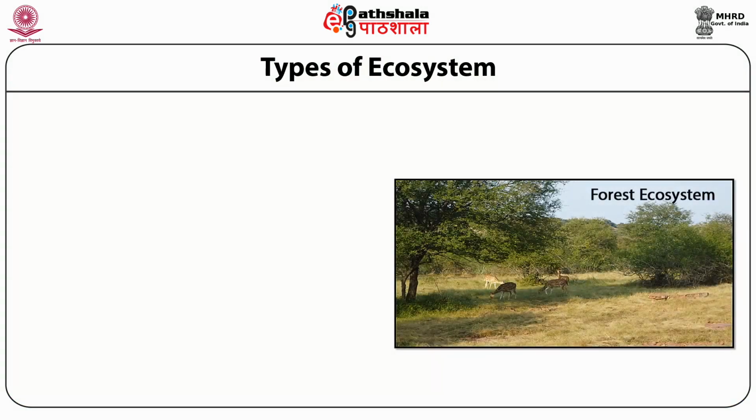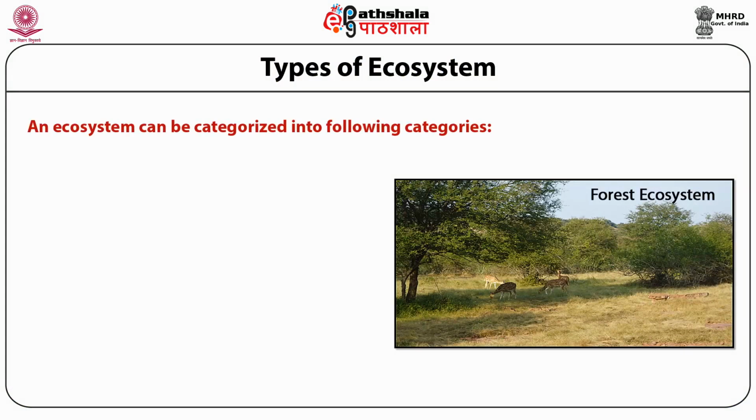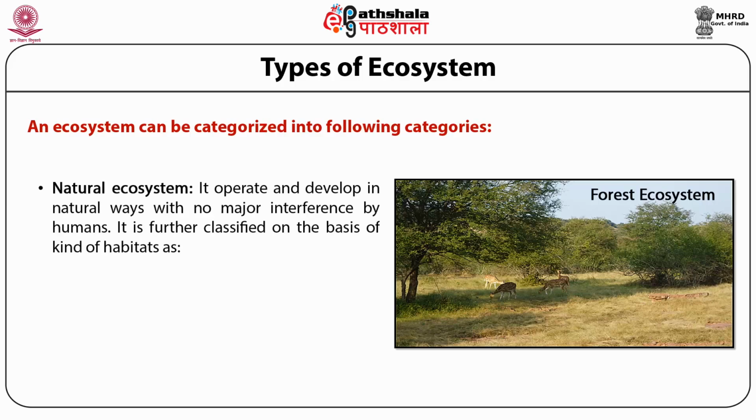Types of ecosystem. An ecosystem can be natural or artificial, temporary or permanent, large or tiny. Thus, ecosystem can be categorized into the following categories. The first is natural ecosystems. These ecosystems operate and develop in natural ways with no major interference by humans.